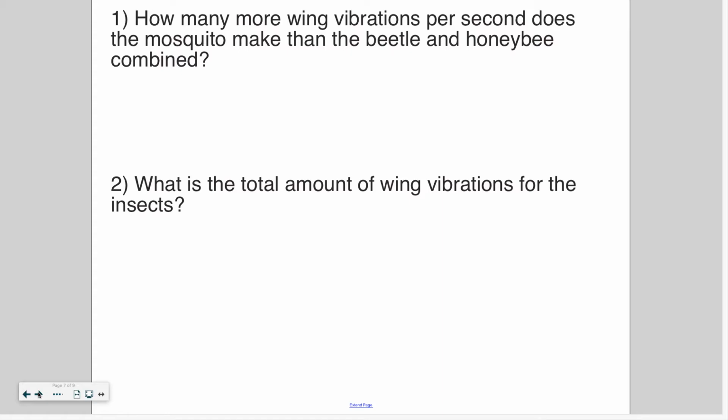Here it says, how many more wing vibrations per second does the mosquito make than the beetle and honeybee combined? So how many more wing vibrations does the mosquito make than the beetle and honeybee combined?